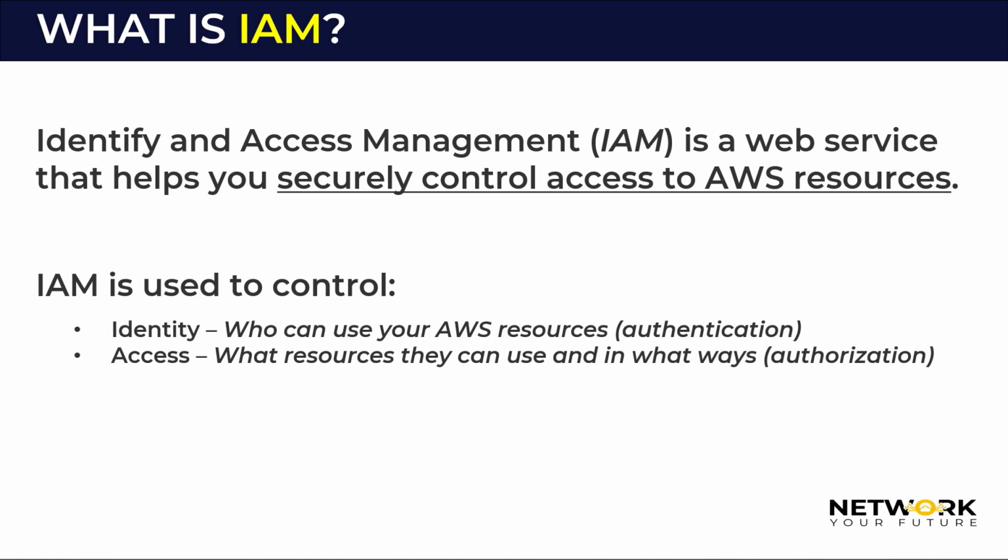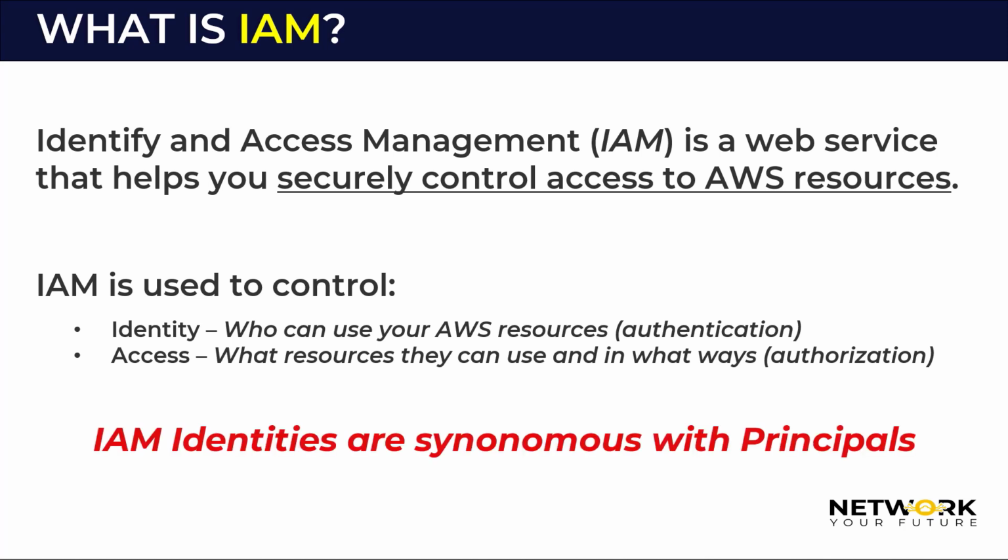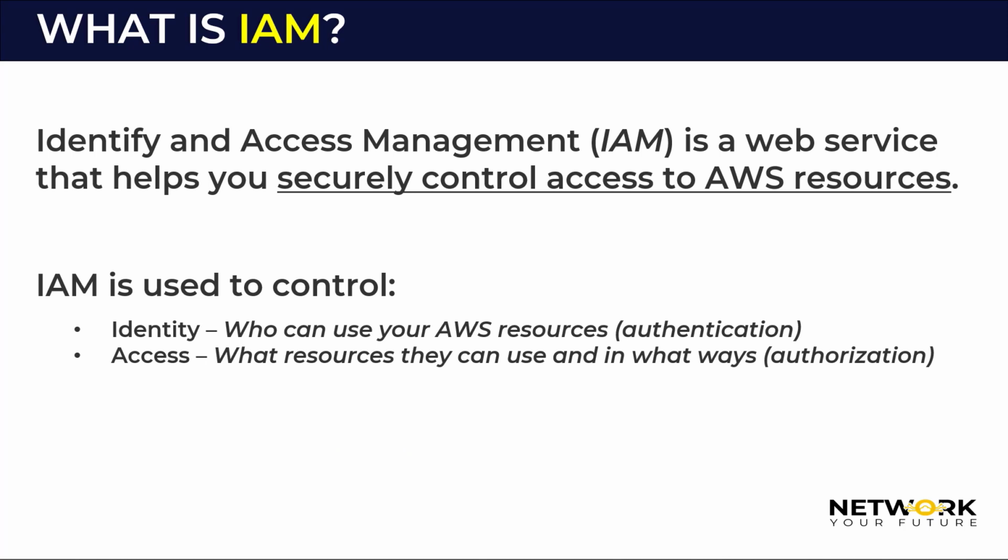IAM identities determine who can access resources in your AWS account. Users and roles are the primary identities that we will explore in the next slide. But it's also good to know that principal is another term that's often used to refer to an IAM identity.